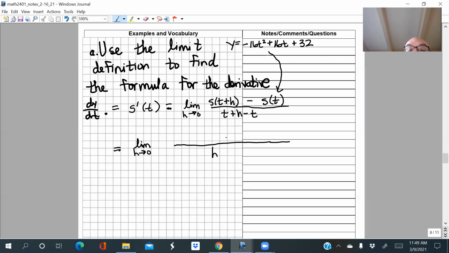So this you can fill in very easily, but be careful that when you fill in that minus s of t, be sure you put it in parentheses, because you have to subtract all of s of t, and s of t has 3 terms in it. So I'm going to put minus, this minus sign is the same as this one, and then in parentheses, I'm going to put the formula for s of t, which is minus 16t squared plus 16t plus 32.